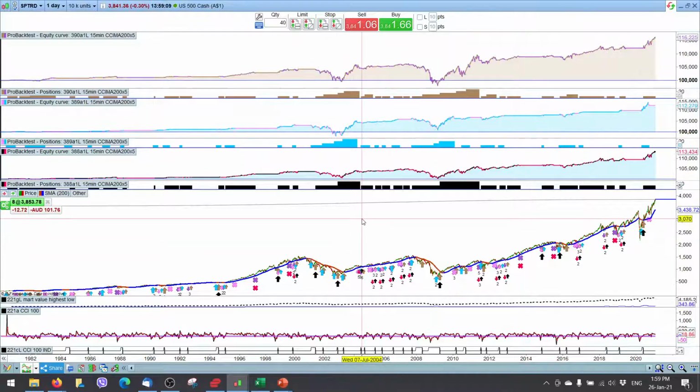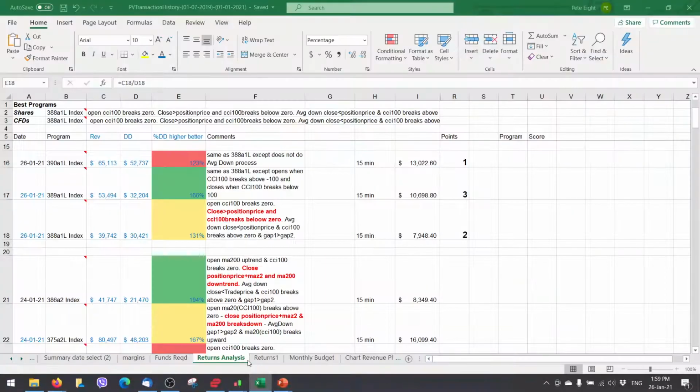So the idea, again, using this method, is to calculate the percentage of the revenue over the drawdown.